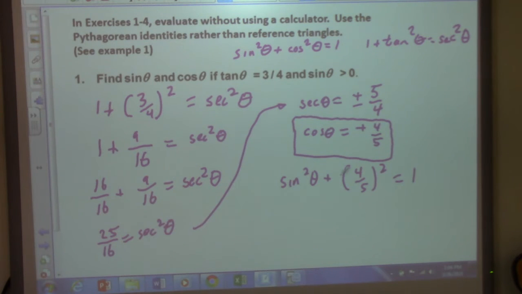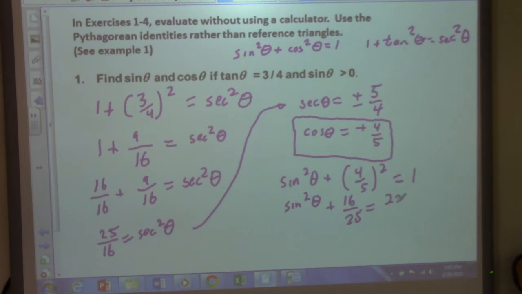So what is this going to give us here? Sine squared theta plus 16/25 is equal to 1.